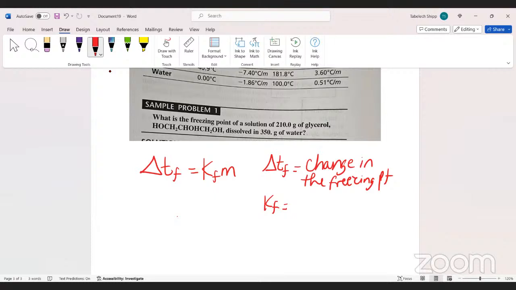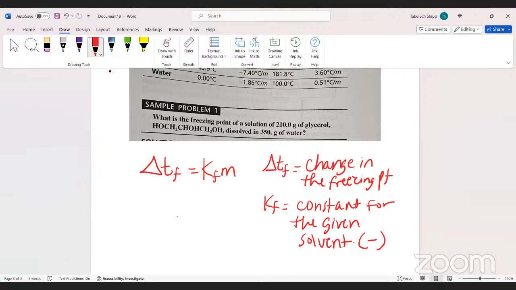So the K of F, and I'm going to actually pull this down so you all can see it, is a constant for the given solvent. And it is negative, okay? It is negative. And then the last one, the M, is for molality.